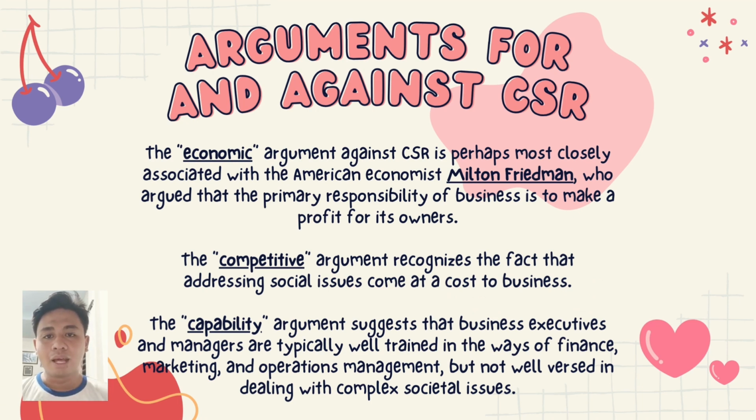So, the last is capability. The capability argument suggests that business executives and managers are typically well trained in the ways of finance, marketing, and operation management, but not well versed in dealing with complex societal issues.